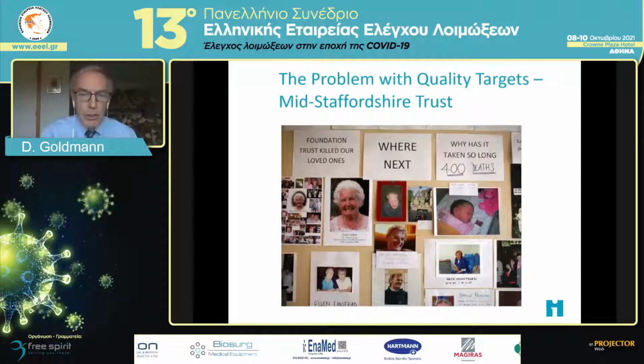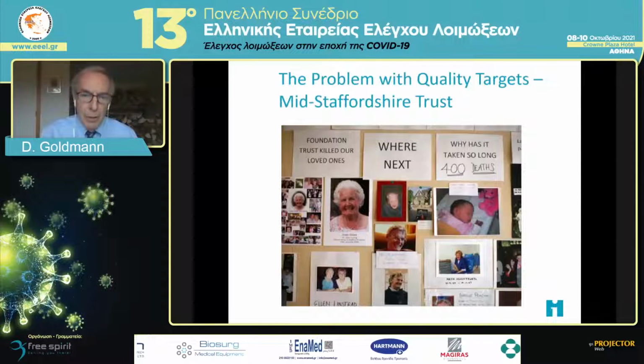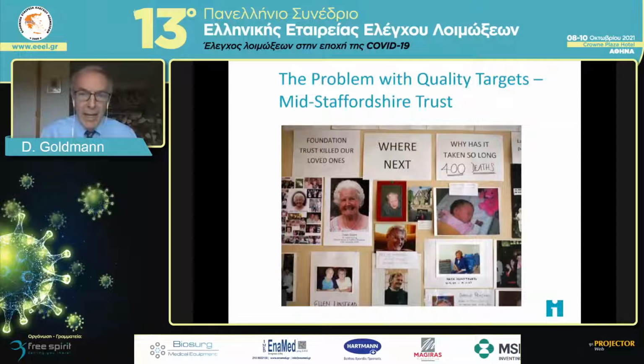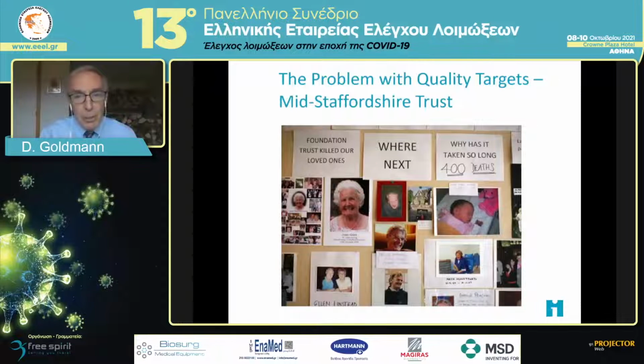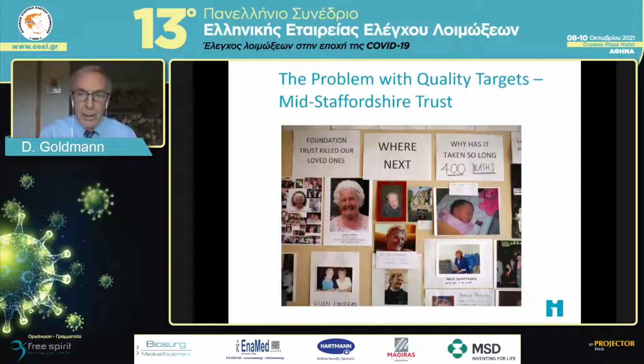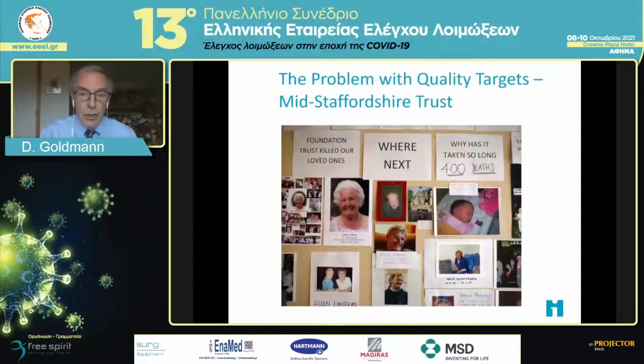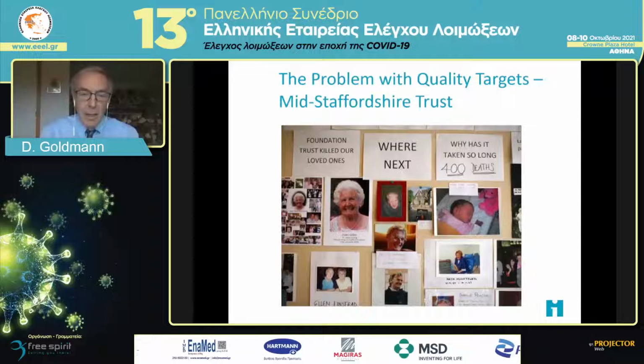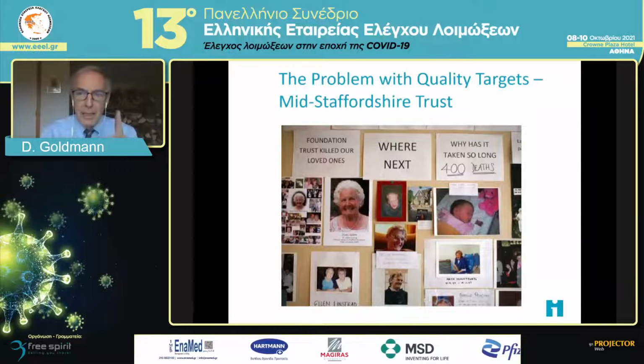The only problem was they were killing people. There were increasing reports of people dying as a result of inadequate care in the emergency department. And when the National Health Service went in and investigated at depth, it turned out there were many, many problems that were hidden because they were so focused on meeting the target.